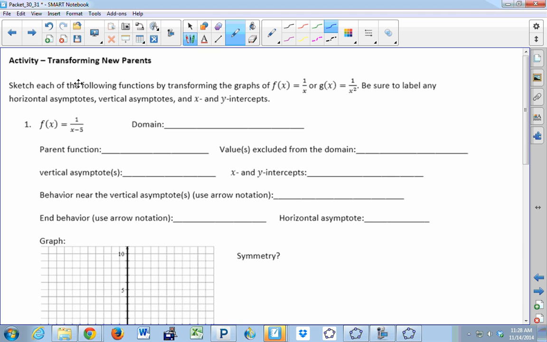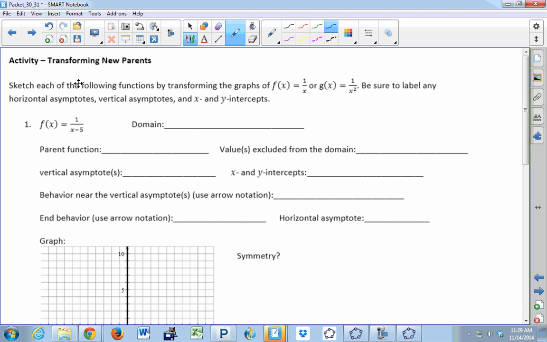So I'm going to take that picture of the reciprocal function we just looked at, and I'm going to do something to it. I'm either going to be moving it horizontally or moving it vertically. So what are the transformations that have happened to my parent function, 1 over x? How is it moved?